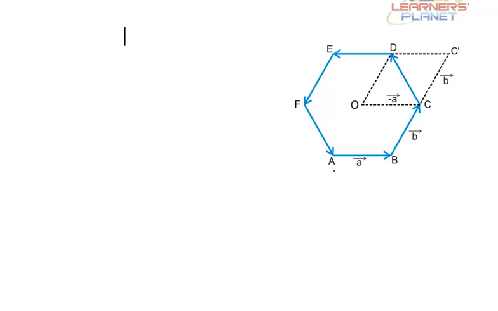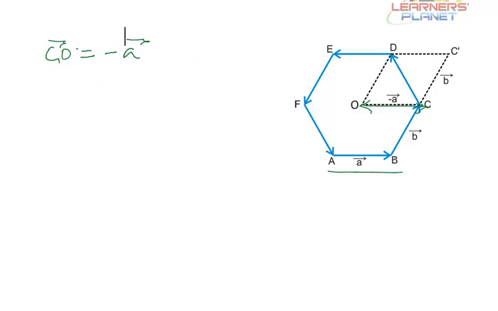So here we have AB. Now this AB is parallel to OC. And if you wish to draw a vector from C to O, that means from vertex C to center O, this will be anti-parallel to A. So CO is minus A vector.